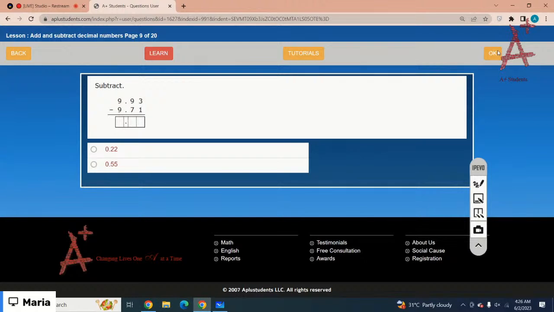So the correct option is 0.22. Option number 1 is the correct option.